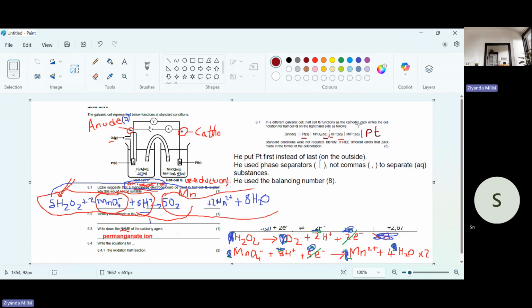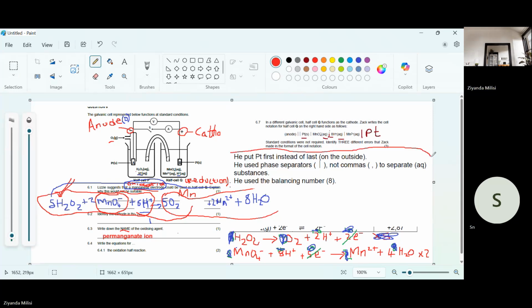Here is the solution to 6.7, all three of them. One. Yes.